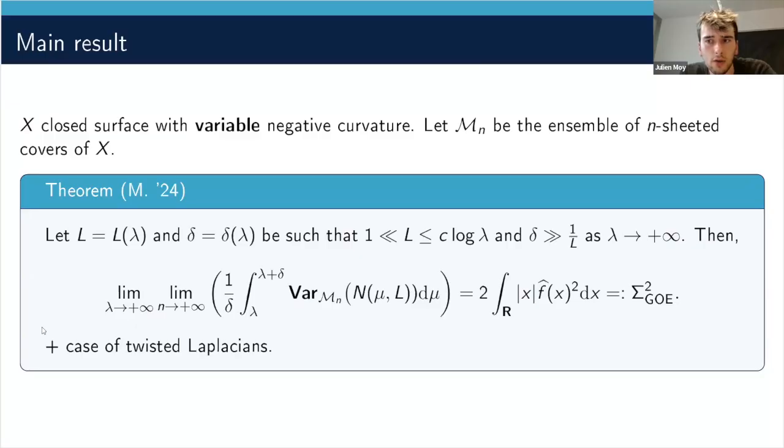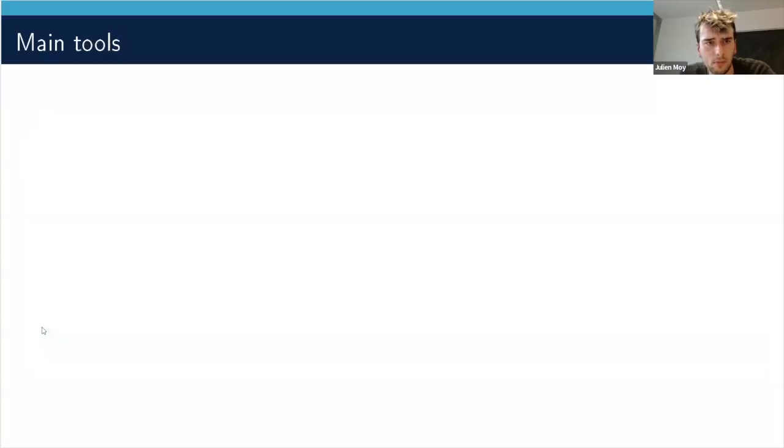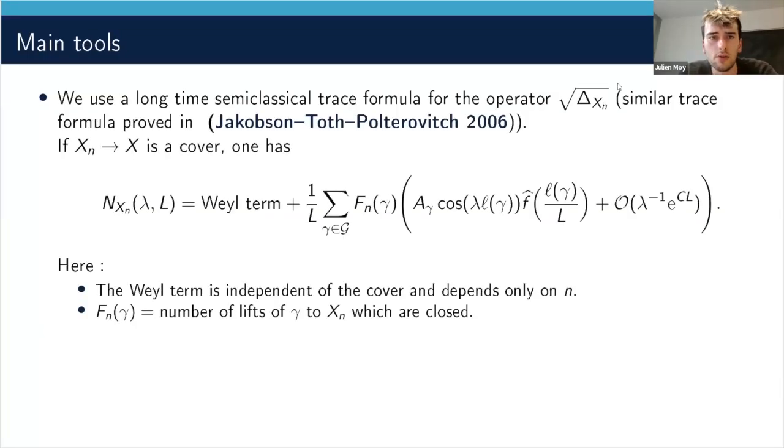Okay, so I want to explain how the diagonal approximation is made rigorous in this case. What we do is use a semi-classical trace formula for the square root of the Laplacian on a random cover of X. It is a similar trace formula to one I found in a work of Jakobson, Polterovich, and Toth in 2006, which they used to find some lower bounds in the remainder in Weyl's law.